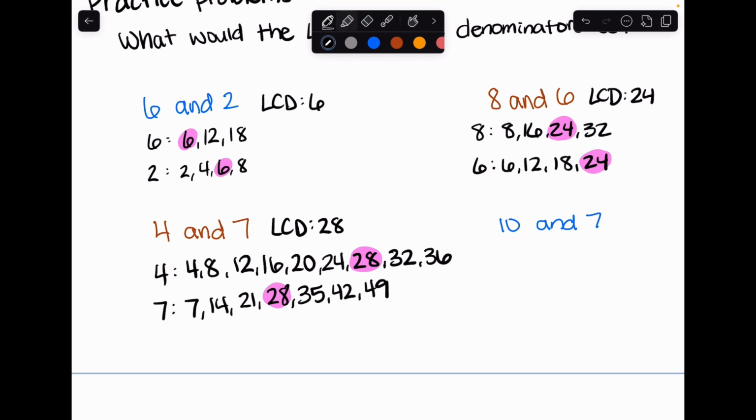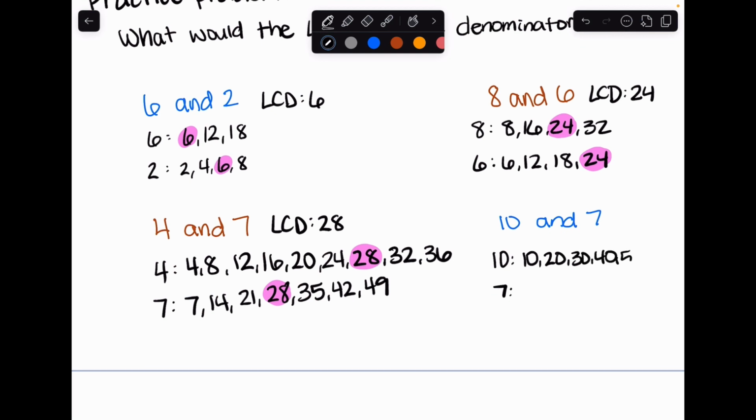All right, I've got one more. I've got 10 and 7, so 10, 20, 30, 40, 50, 60, and we'll squeeze 70 down there.